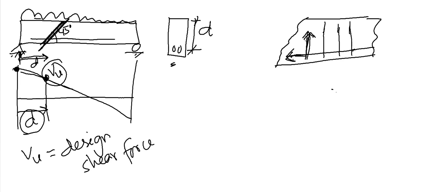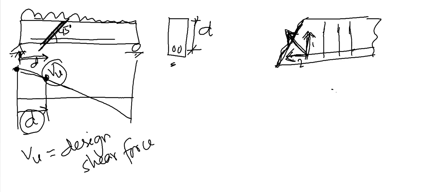The combined effect of these two forces is similar to this. This is the resultant of these two forces, 1 and 2. The resultant of these two forces is this way. This is why we get a crack similar to this. Now it is not always linear, it is roughly linear, diagonal, and acts at 45 degrees.